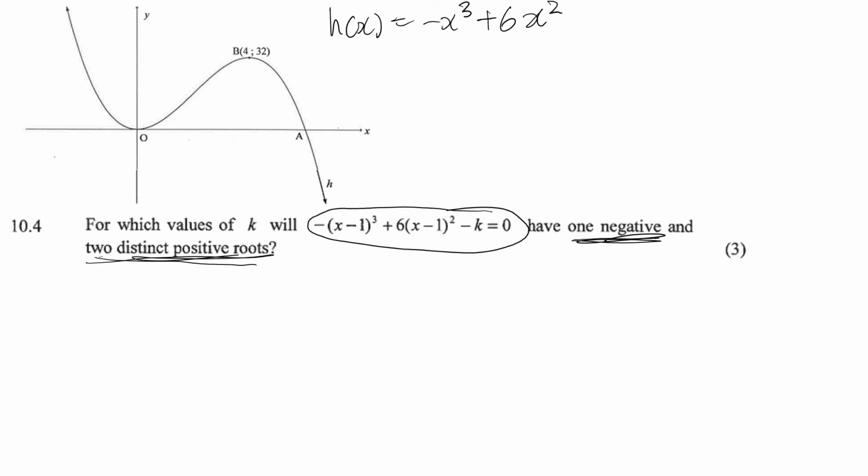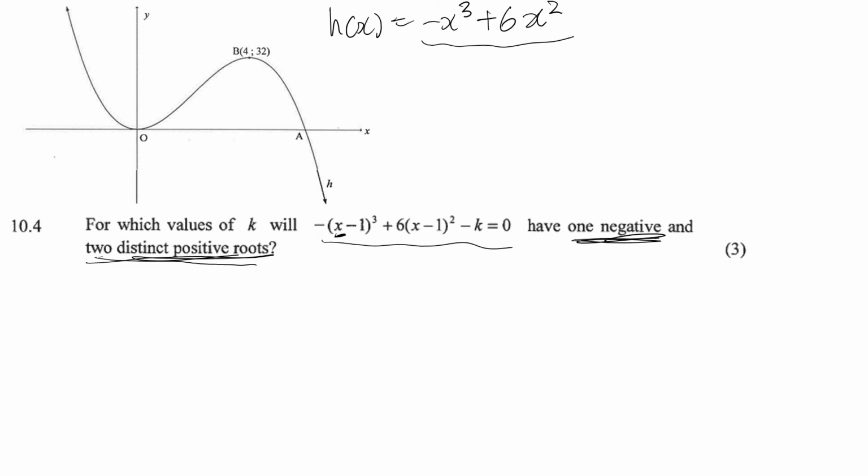So before determining those values of k, you should be able to deduce what happened to the equation. Remember the equation for the graph was minus x exponent 3 plus 6x squared. But as you look at this equation now, the values of x have been affected.